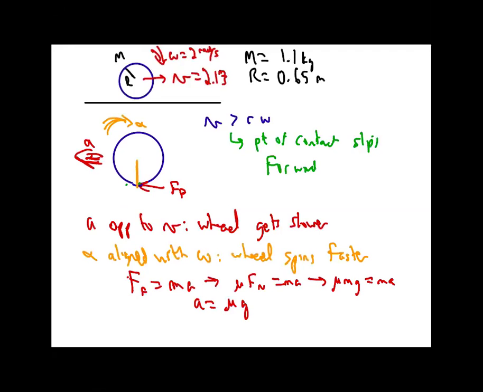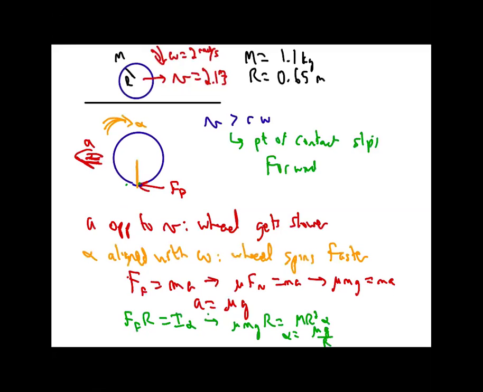And then the next thing to do is that the torque, which is F times the radius, equals I alpha. So mu mg times r equals mr squared times alpha. And so I can also find out what alpha is going to be. It's going to be mu g over r.